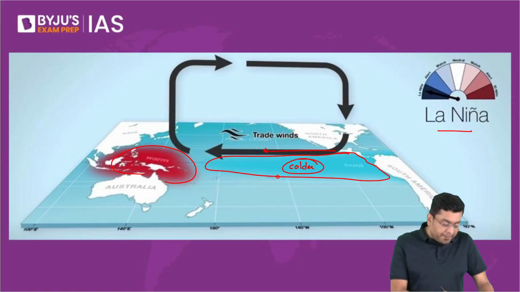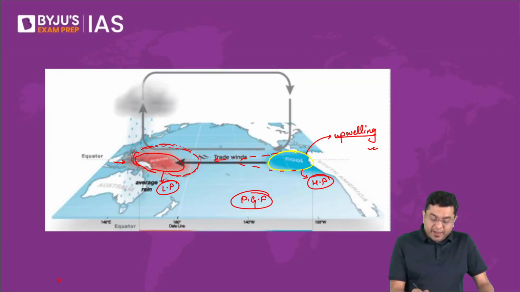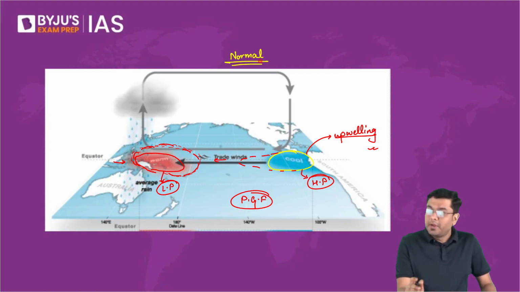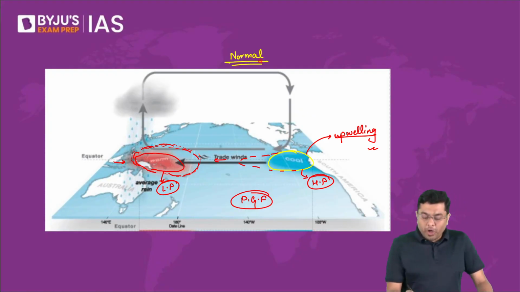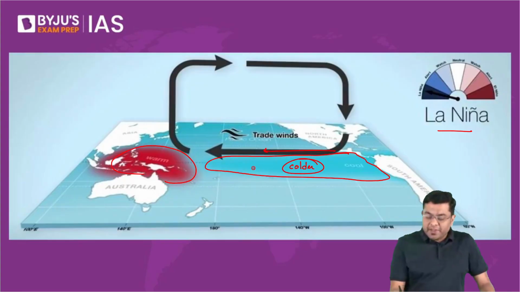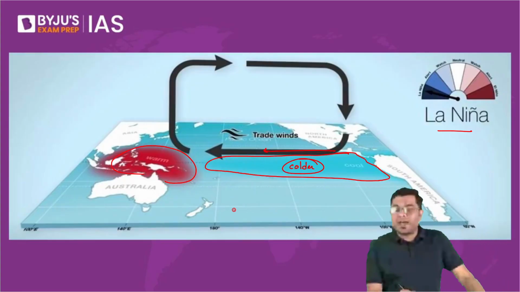So as compared to the normal conditions, if you observe the region of the Central Pacific, can we say that the colder water region has increased because of increased upwelling? Can we say that? Yes.